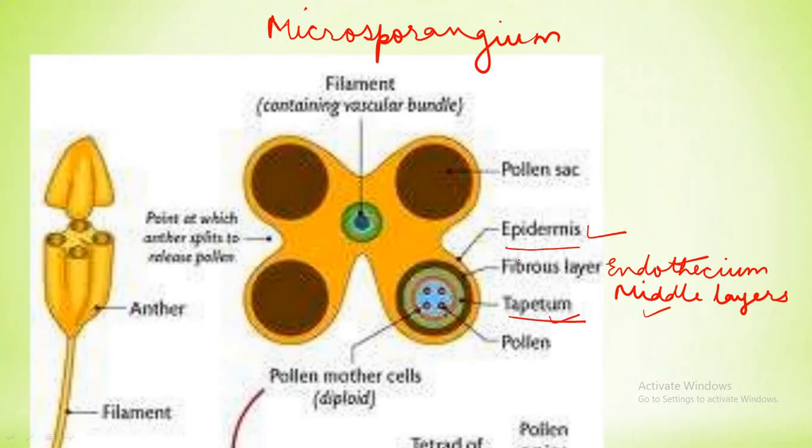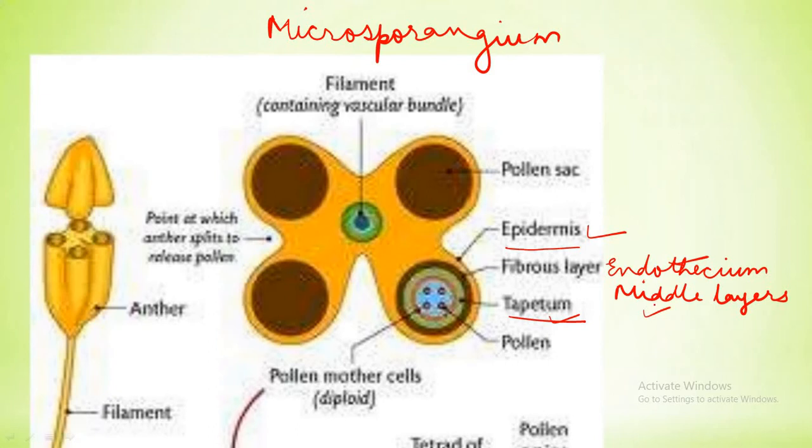We are talking of the structure of microsporangium. There are 4 wall layers. The outermost is the epidermis. Inner to the epidermis is endothecium, then middle layers, and the innermost is the tapetum. The outer 3 wall layers, that is epidermis, endothecium, and middle layers, are protective in function and help in dehiscence of anther.